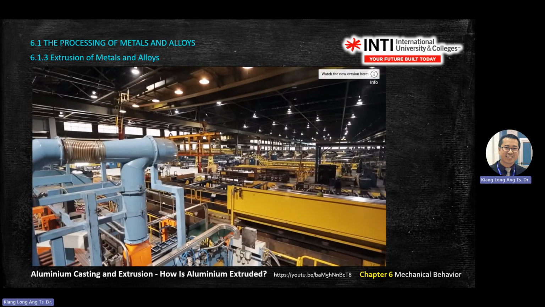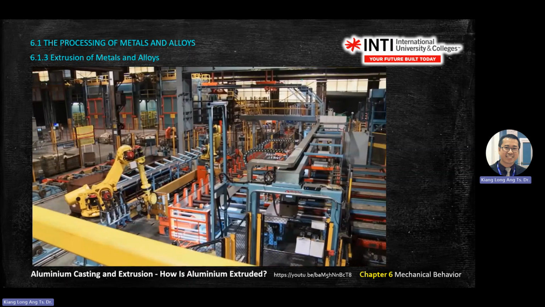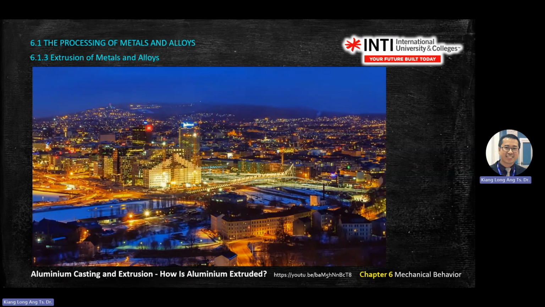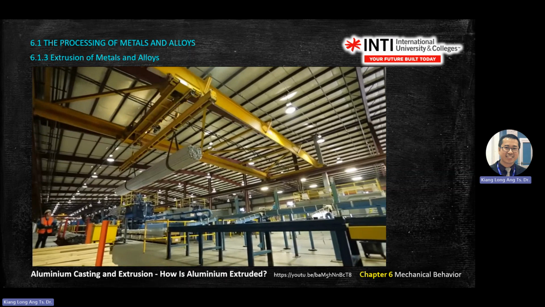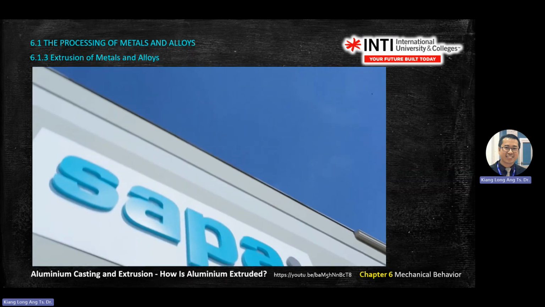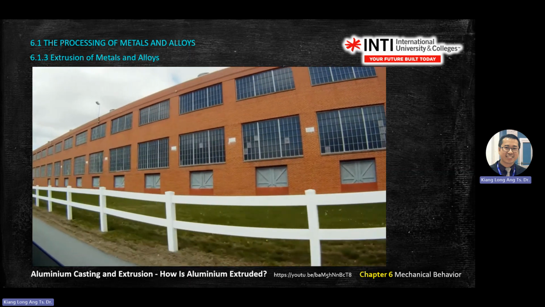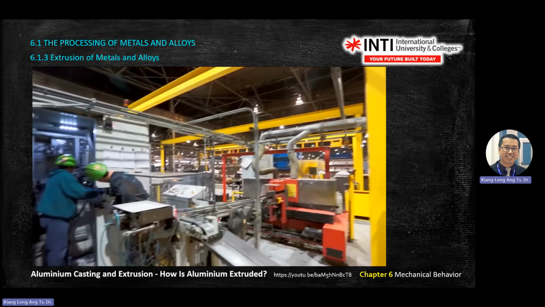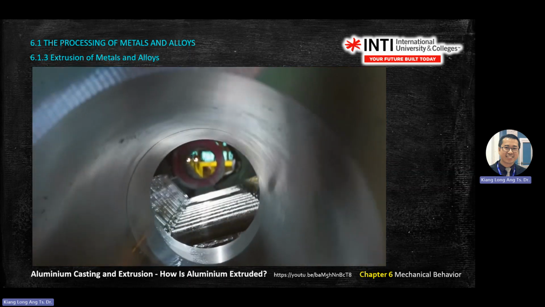Sapa Extrusions is the world's leading producer of extruded aluminum products. Headquartered in Oslo, Norway, we employ over 23,000 people worldwide. In the Americas, Sapa operates 25 locations across the United States, Canada, Argentina, and Brazil.